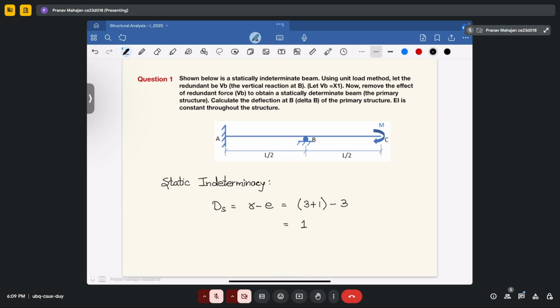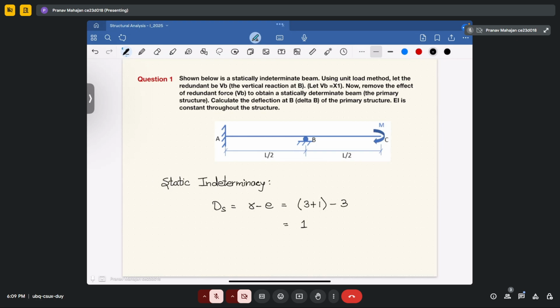That means you have to remove one redundant force to make the structure determinate, and then solve the problem as a primary structure. Fine. So let's make this structure first as a determinate structure.